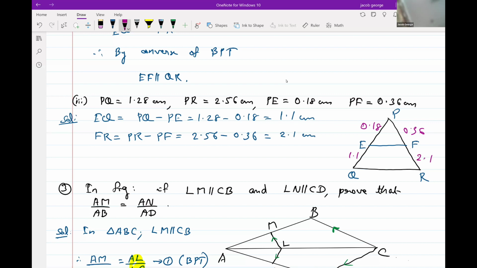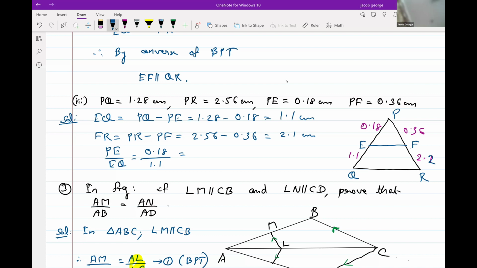Now we have to take the ratio. So what ratio to be taken? PE by EQ. So PE by EQ is 0.18 by 1.1. So when you multiply by 100, we can remove the decimal.